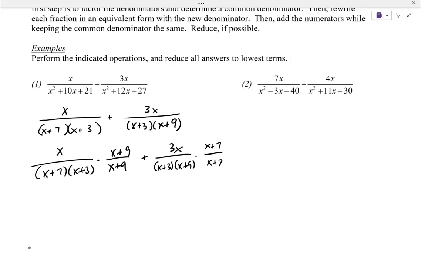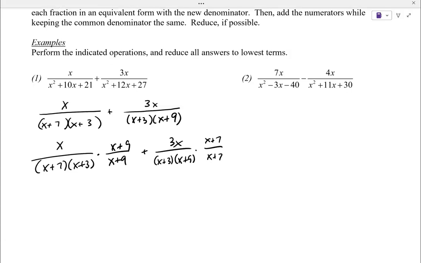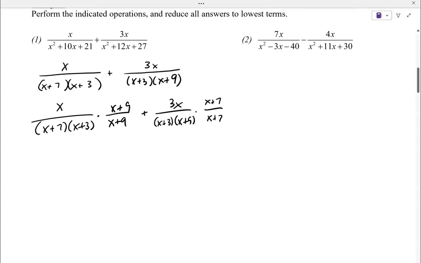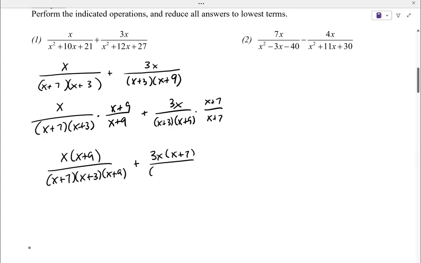All right, so now our job is to simplify. So we'll do this in steps here. So the first one, we would have x times x plus 9 over x plus 7 times x plus 3 times x plus 9. I'm going to write it in the same order. It doesn't matter what the order is. The second one will have a 3x times x plus 7 over x plus 7 times x plus 3 times x plus 9.